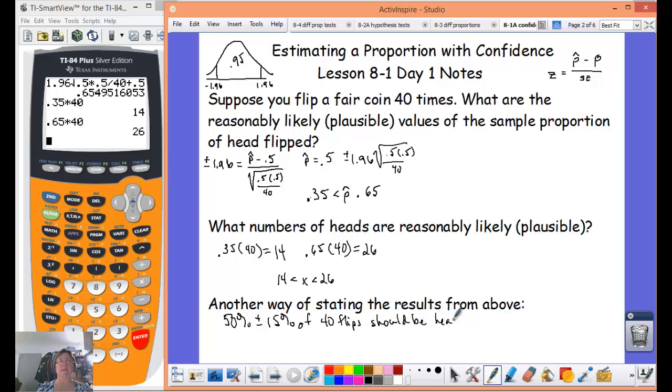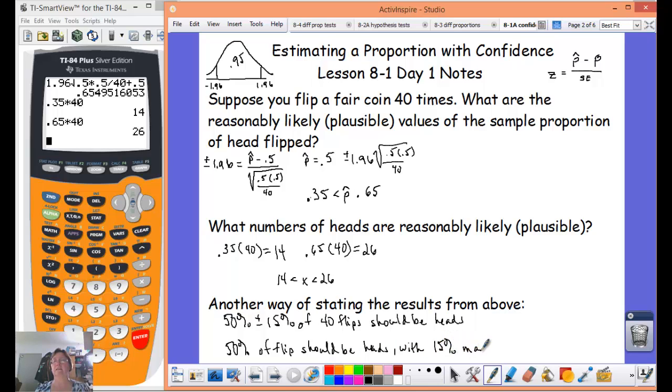Another way of reporting that same piece of information: 50% of flips should be heads, with a 15% margin of error. You maybe have heard that, 15% margin of error.